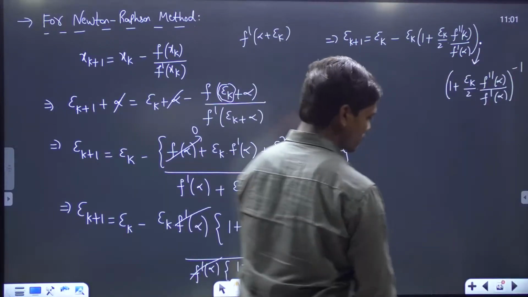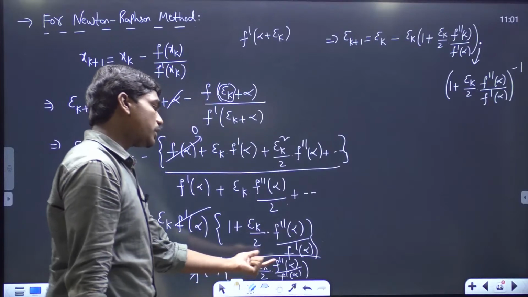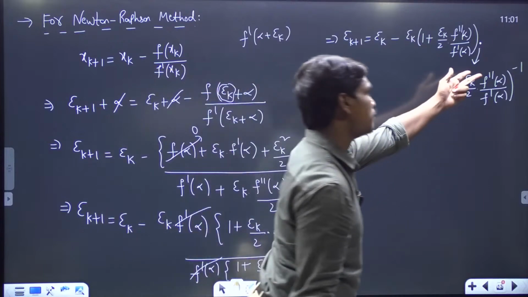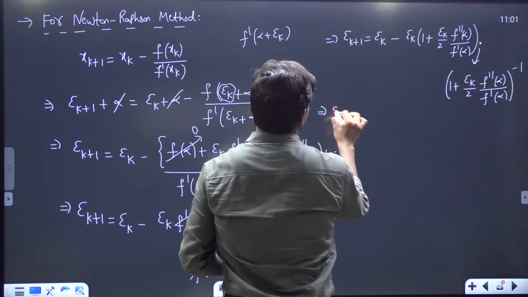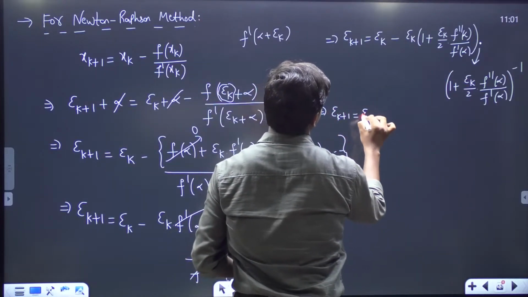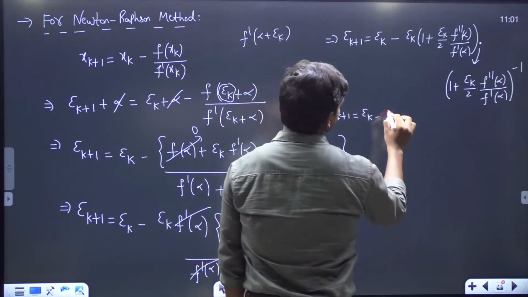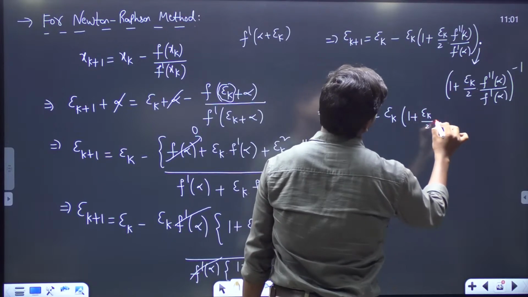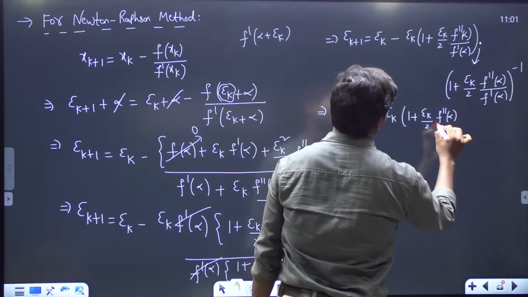This is what we have, correct? So if you want to multiply this here, we'll write a minus 1 sign there. So ek plus 1 is equal to ek minus ek into 1 plus ek by 2 into f''(alpha) by f'(alpha).